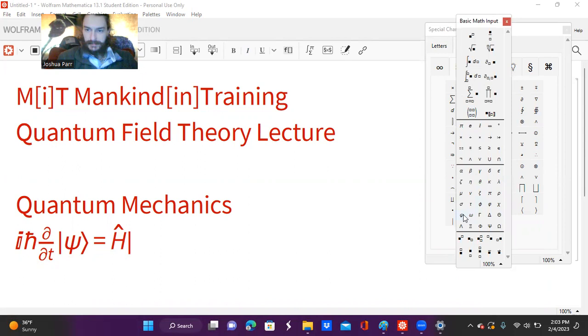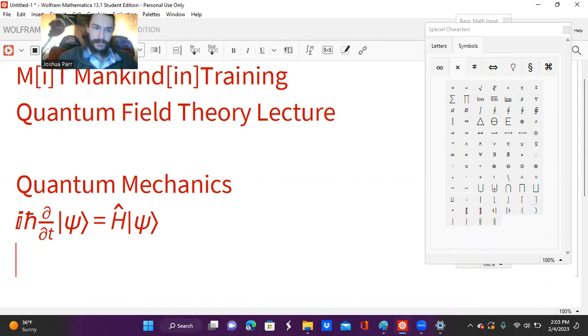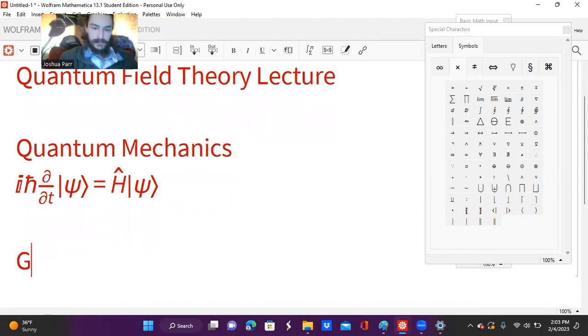And this is Schrodinger's equation, as a representation of quantum mechanics, being combined here with general relativity.